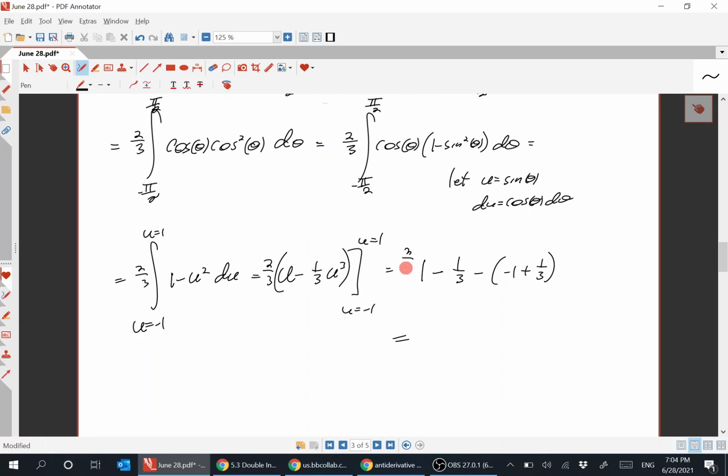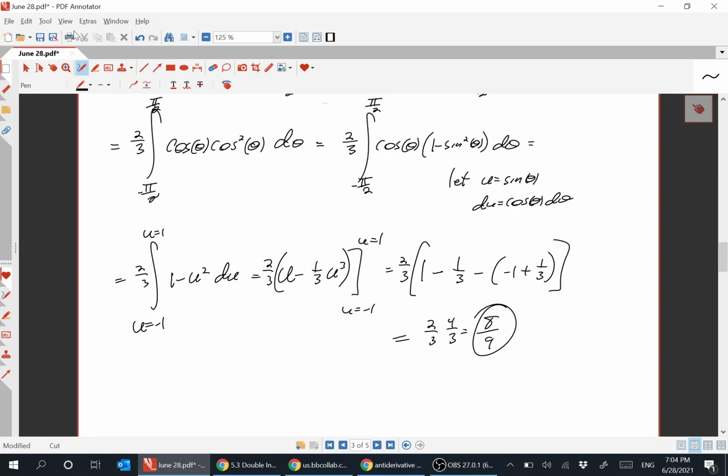So this is 2/3. So 1 minus 1/3 is 2/3, and then this is minus 2/3, so adding it. So it's 2/3 times 4/3, which is 8 over 9.